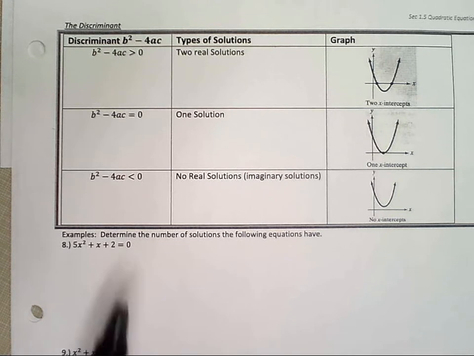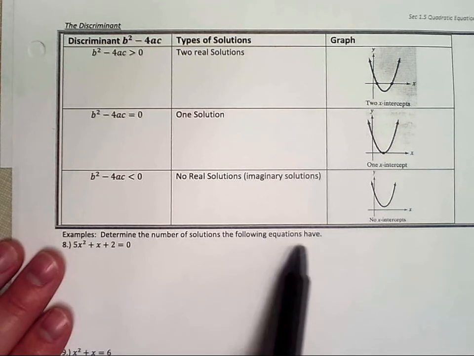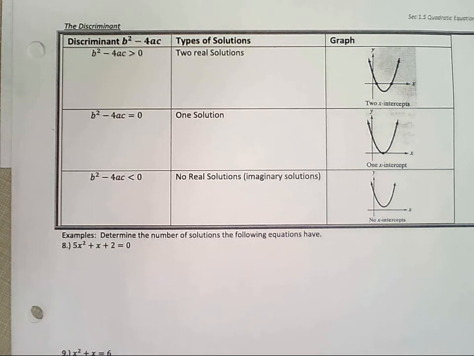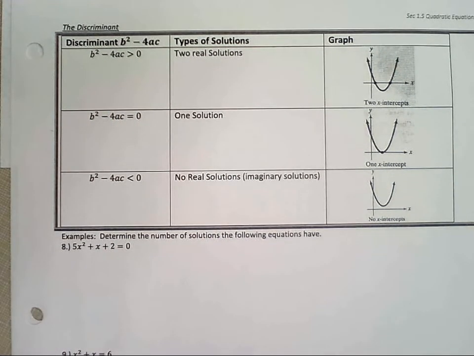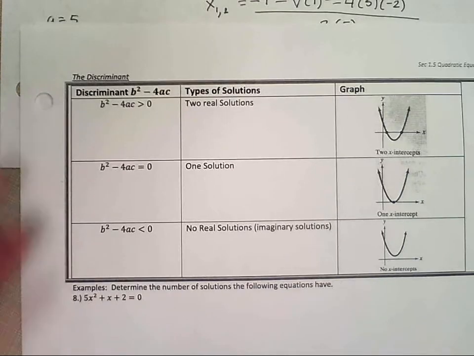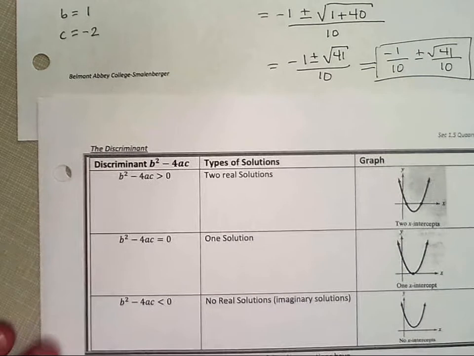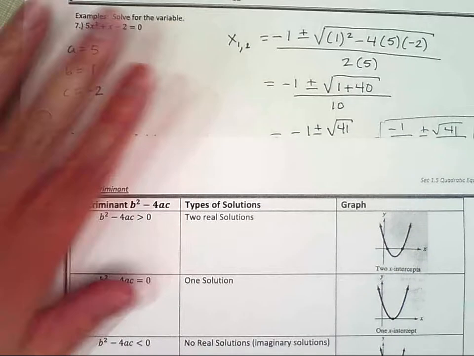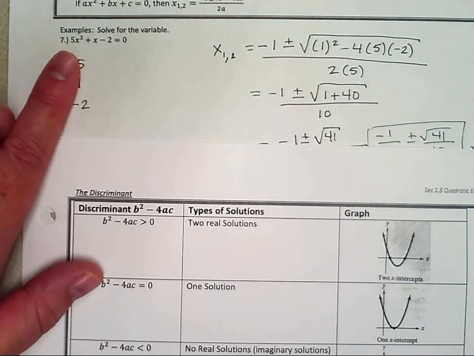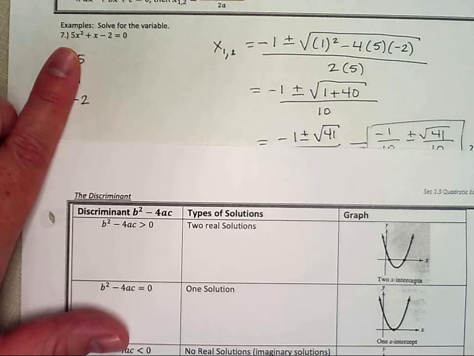So the next couple examples say determine the number of solutions. So we don't need to do the whole quadratic equation for these ones, right? We just need to look at the discriminant to see if it is positive, 0, or negative. Well, for number 8, we already did all the work at number 7.